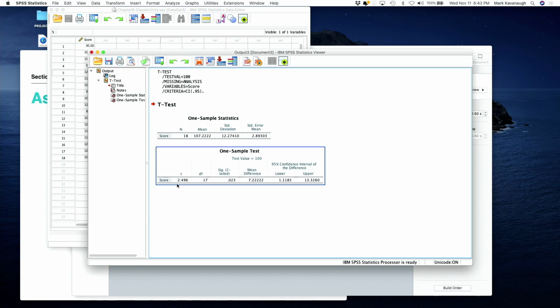Now that number, 2.496, is a number that you can look up in the t tables within your textbook. Those tables are organized. You have the t score in your head, but you look up the degrees of freedom.